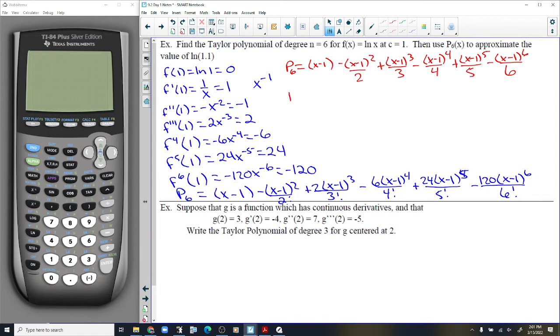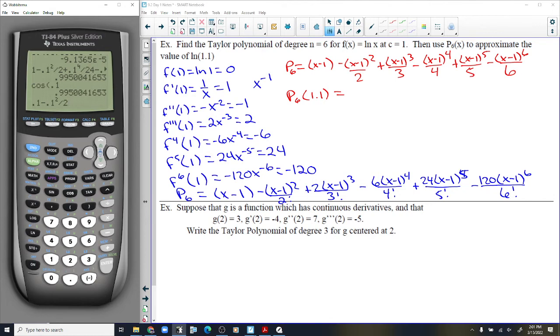So now we need p sub 6 of 1.1. Well, now all of those are going to be 0.1. 1.1 minus 1, all of them are 0.1. So that makes it a little easier to enter it in. So 0.1 minus 0.1 squared divided by 2.